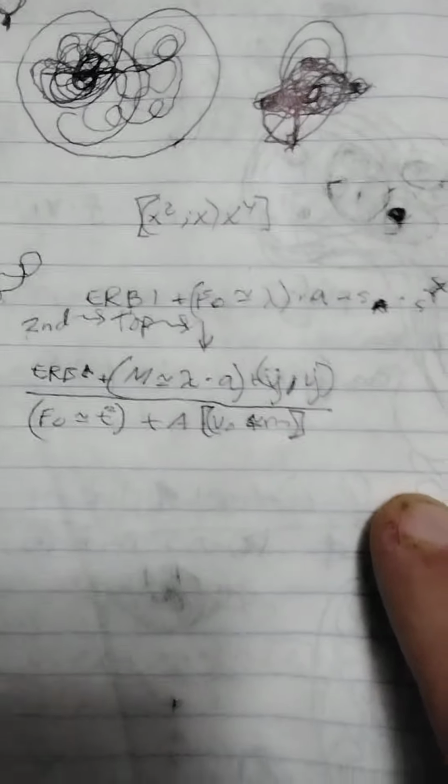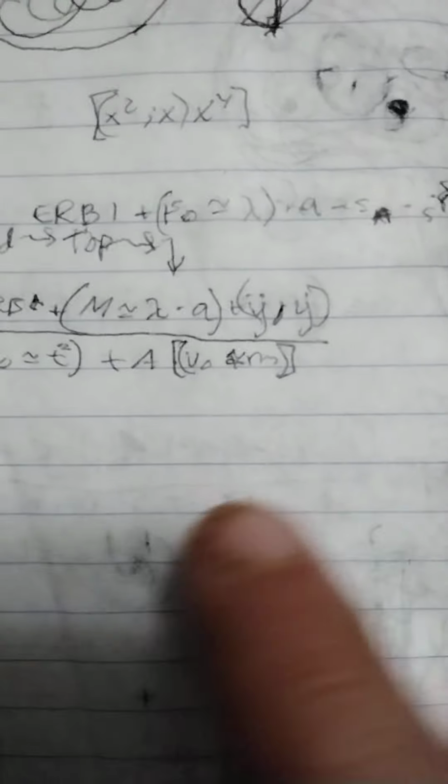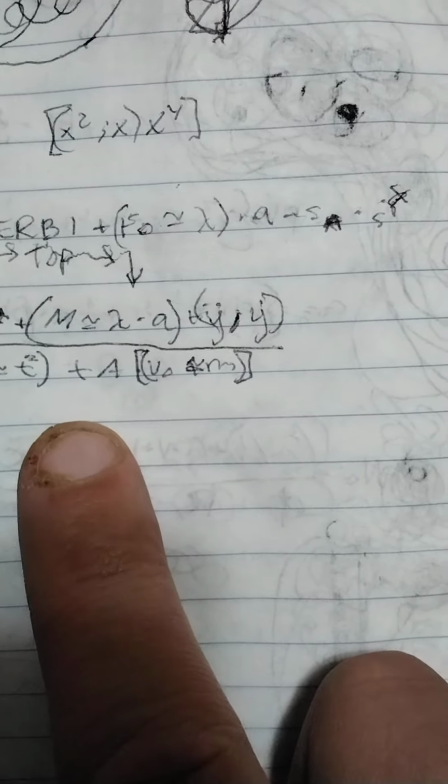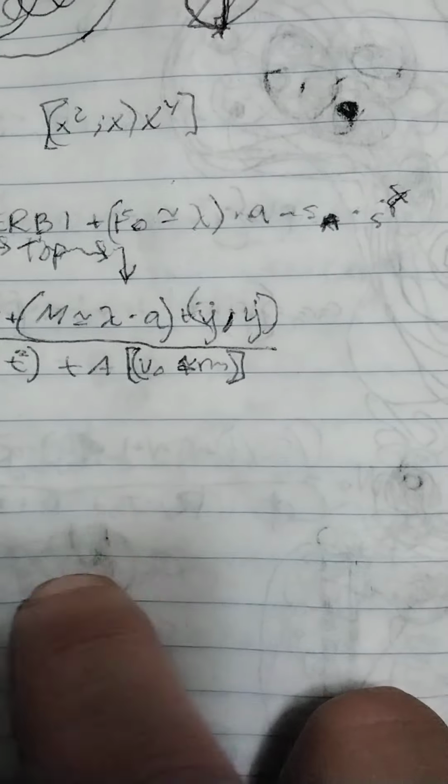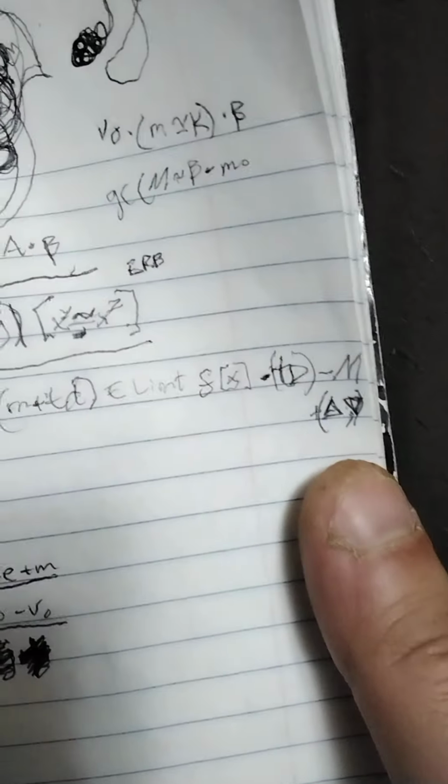Okay, so I want to make something clear before I put this on the internet again. The A is where it splits off on both sides. And how I did that was right here. I didn't add area.